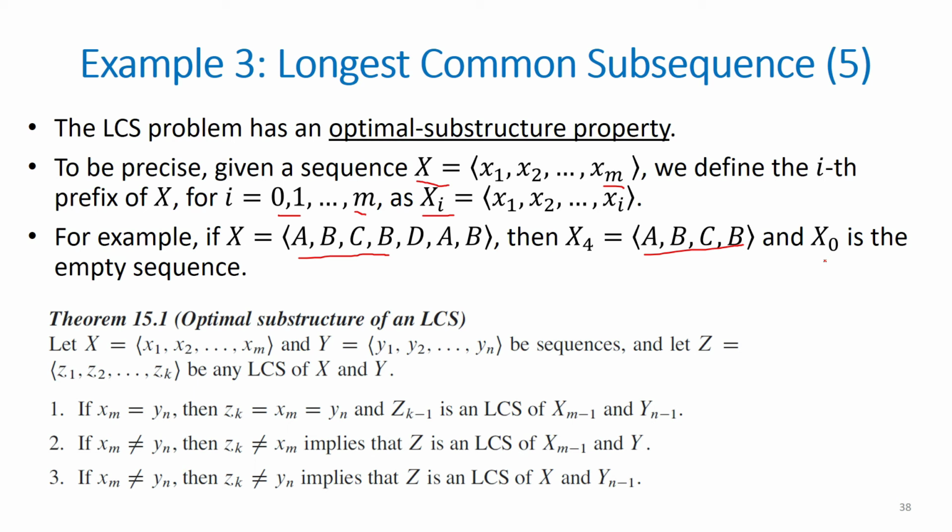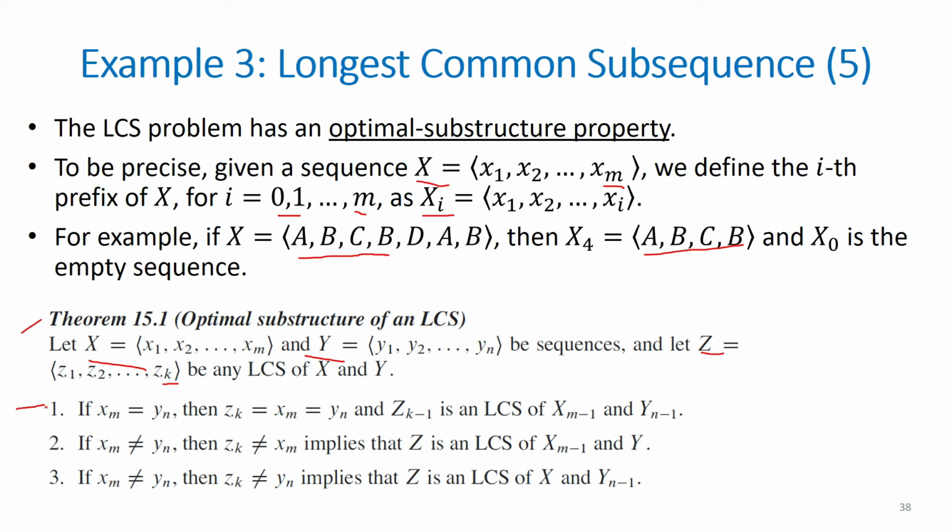Now, with this definition of prefix, we arrive at a very interesting theorem. The theorem states that for two sequences X and Y, as defined over here, let Z be any LCS of X and Y, where the subsequence Z has k elements. Under such a situation, there would be 3 cases that may occur.